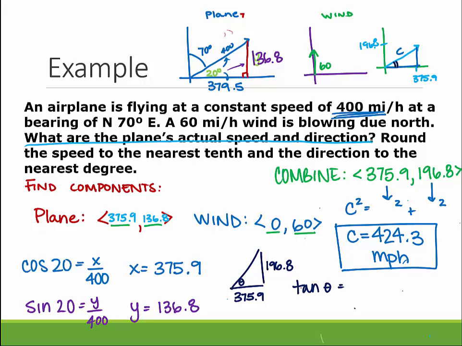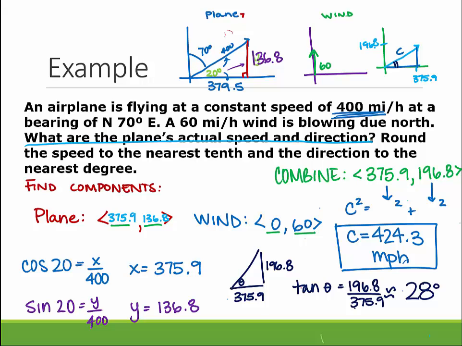Tangent of my angle is opposite over adjacent. And when you do the inverse tangent of 196.8 divided by 375.9, you end up with about 28 degrees.